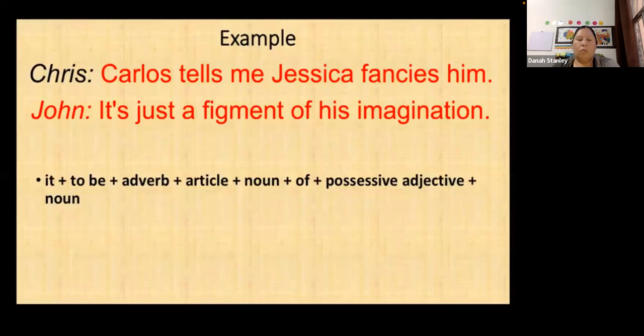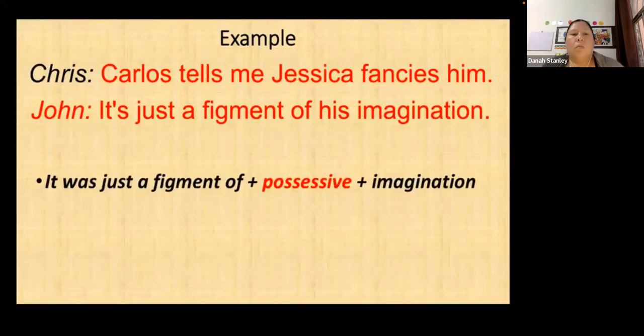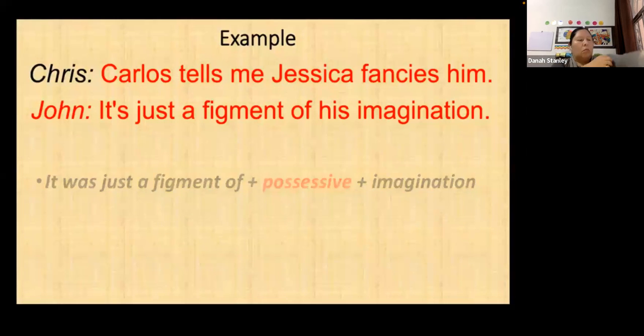It, to be, adverb, article, noun, of, possessive adjective, and so on and so forth. But according to the lexical approach, once again, what the brain rather does is it accesses the full chunk, it accesses the full phrase as a whole. It was just a figment of plus possessive adjective and plus imagination.